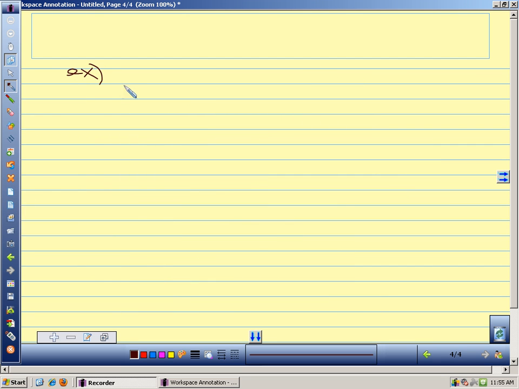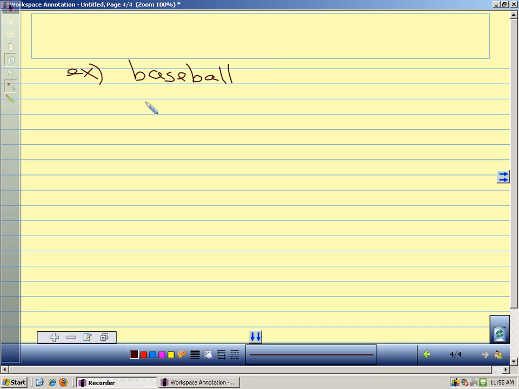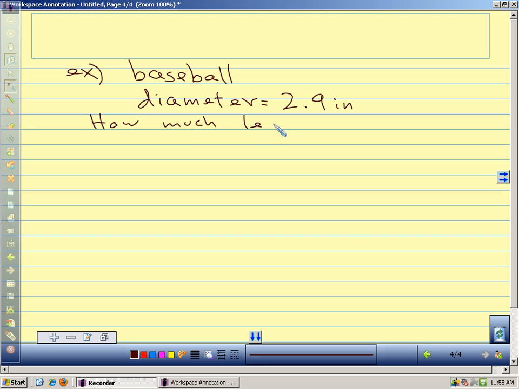We have a baseball with a diameter equals 2.9 inches. We want to know how much leather to cover it.